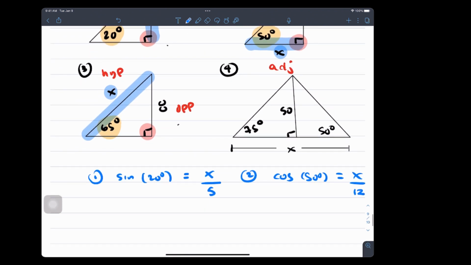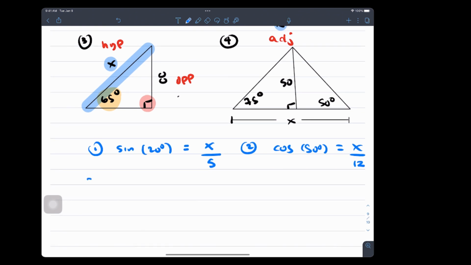Now, what about the next one here for number 3 here? Which one is that? You guys know? Yeah, for number 3, is that sine again? Which has opposite over hypotenuse?